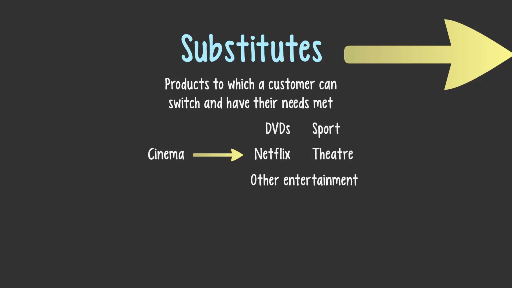But similarly, you can watch new films in comfort on Netflix or on DVDs. And if we think about cinema as just being a night of entertainment, then perhaps sport or the theatre or any other form of entertainment also fulfills those needs.